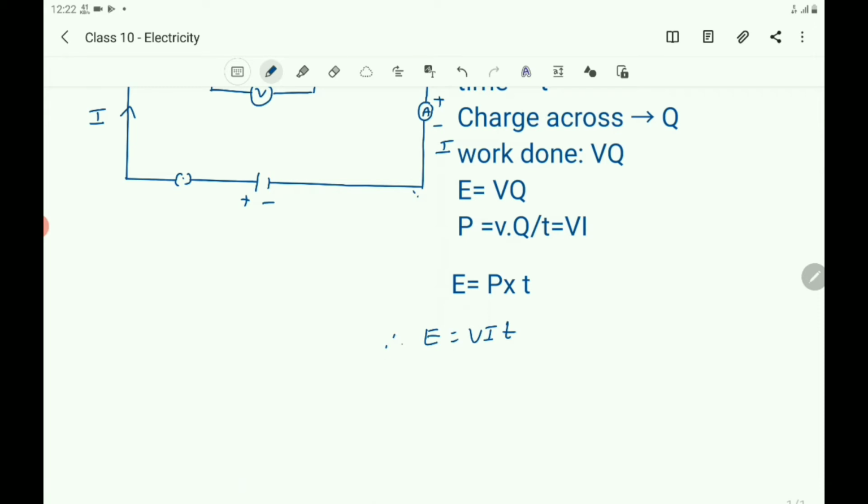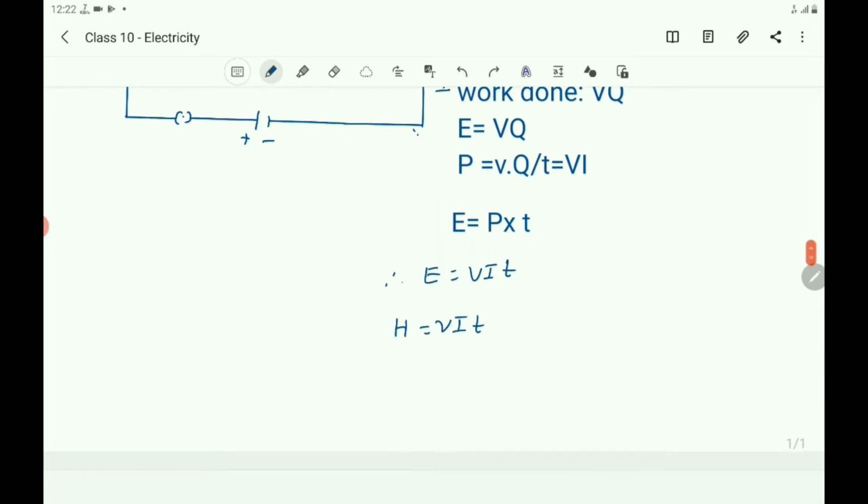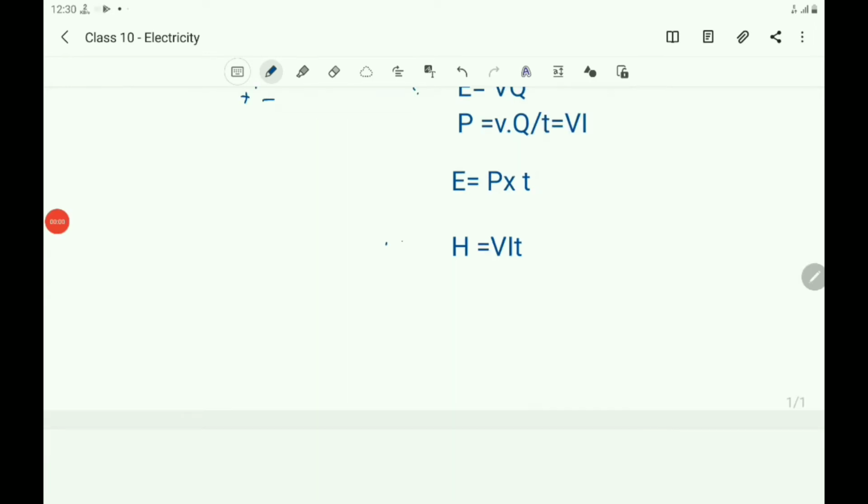Thus, for a steady current I, the amount of heat produced in time T is H equals V into I into T, where V is the potential difference, I is the current flowing through the circuit, and T is the time in which the energy is supplied to the circuit.